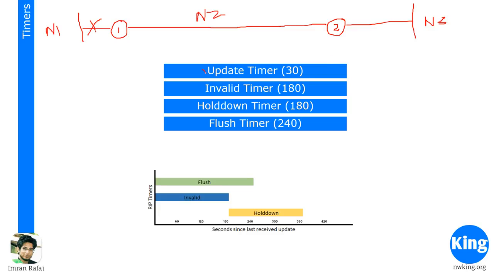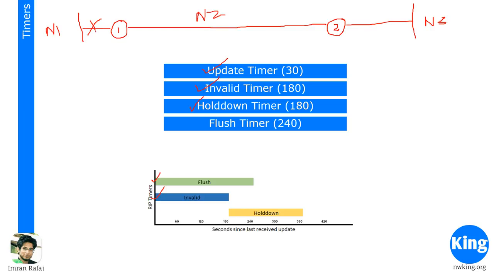So we have the update timer every 30 seconds, then we have the invalid timer which runs every 180 seconds. That is the timer it is going to wait until a new update comes for that router. If it doesn't come, it's going to put that network into a hold down state, and a hold down timer of 180 seconds starts. But with this invalid timer, another timer called the flush timer starts together.